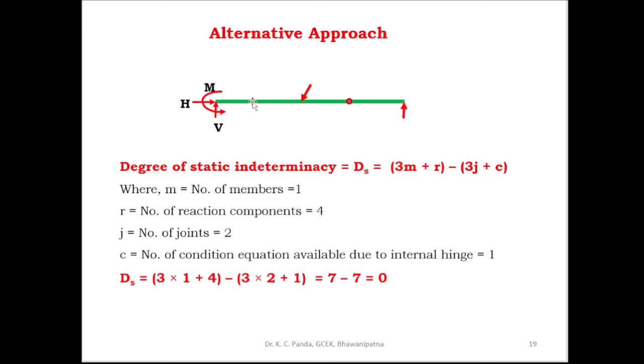So here the number of members is equal to 1, the number of reaction components is 1, 2, 3, 4, the number of joints is 1, 2, and the number of condition equations available due to the internal hinge is 1. ds is equal to 3 into 1 plus 4 minus 3 into 2 plus 1. So this is 7 minus 7 is equal to 0. This is a determinate structure.